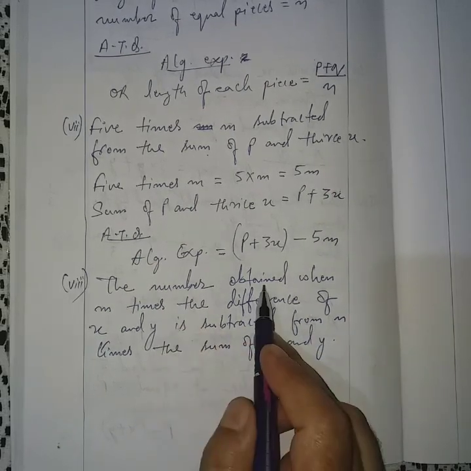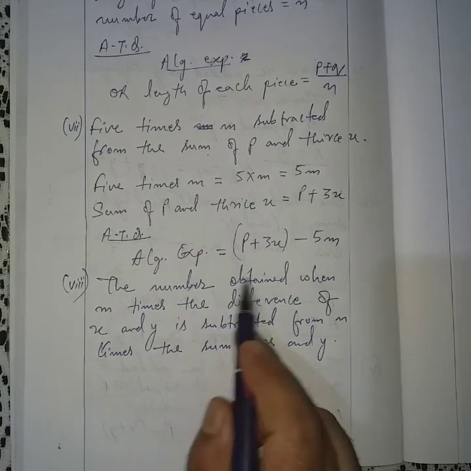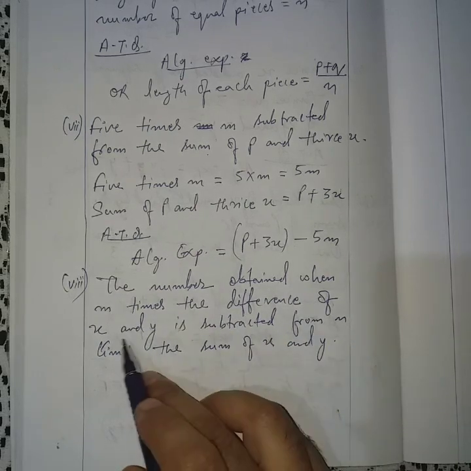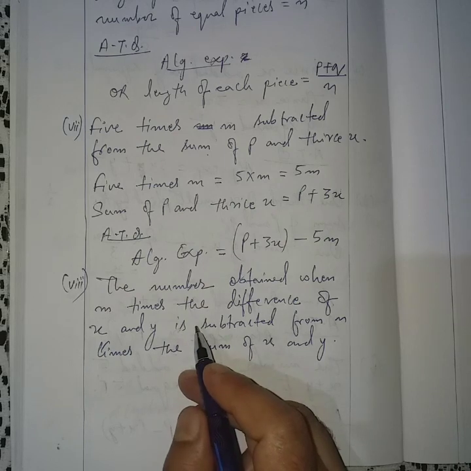Try to understand: the number obtained when m times the difference of x and y.